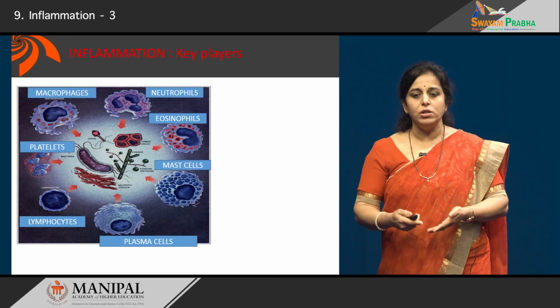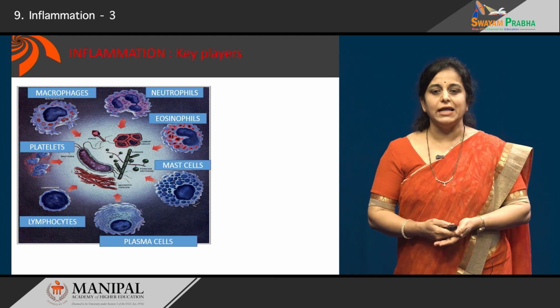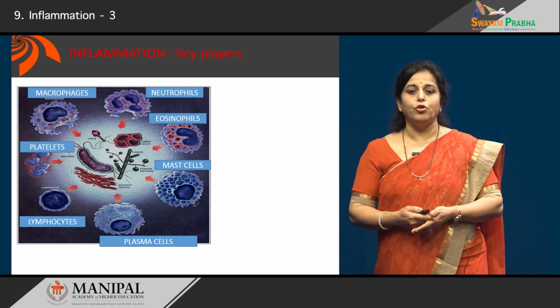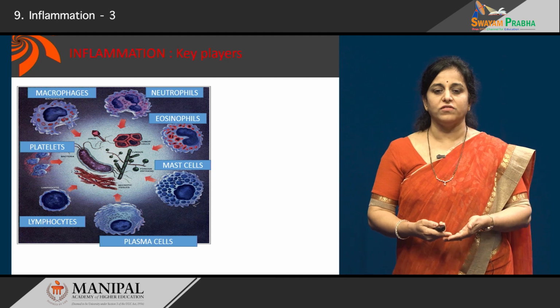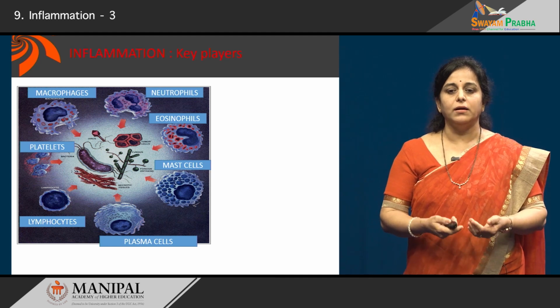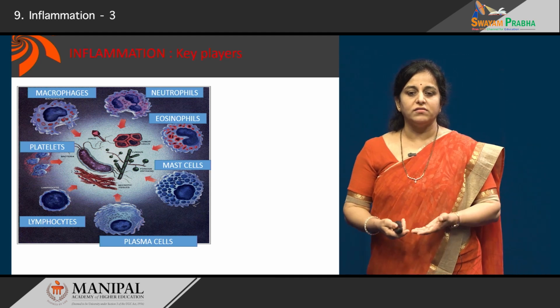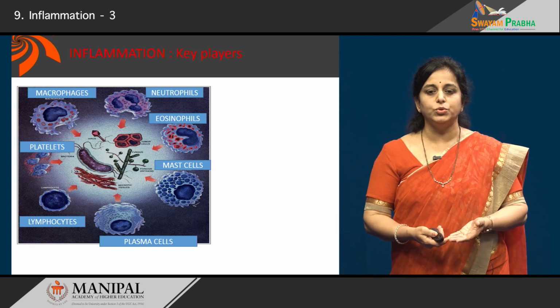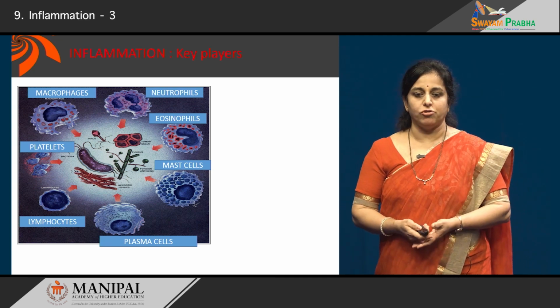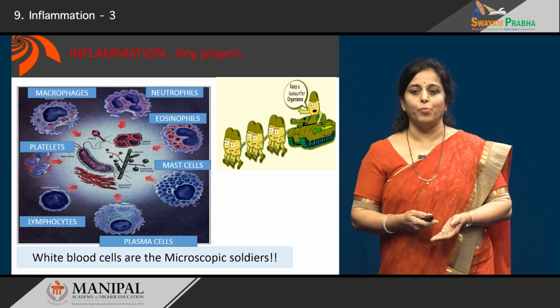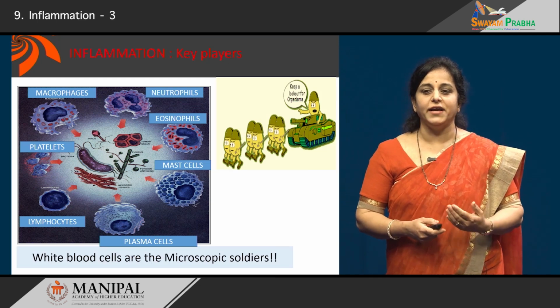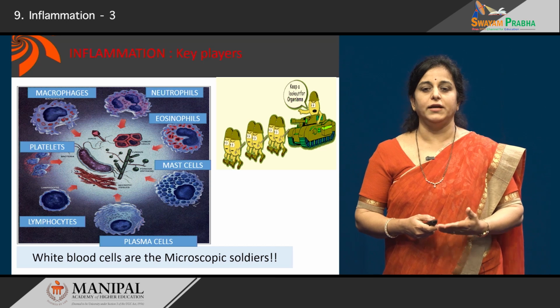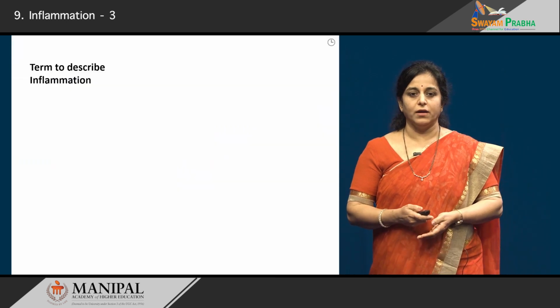You can see all the different kinds of WBCs that play a role in inflammation to fight against any injurious agent, as you can see here: bacteria, viruses, necrotic tissue, foreign body, etc. So, they are our microscopic soldiers. They are ready to fight against anything foreign that gains entry into our body.